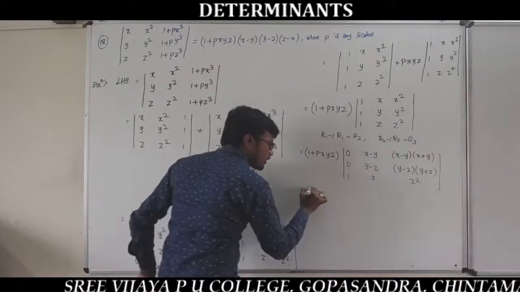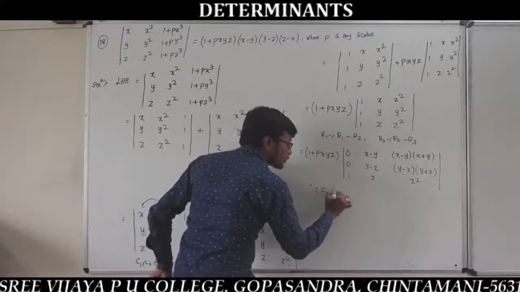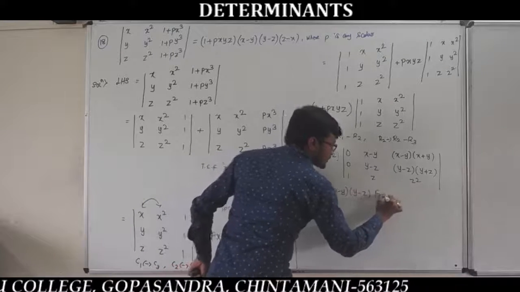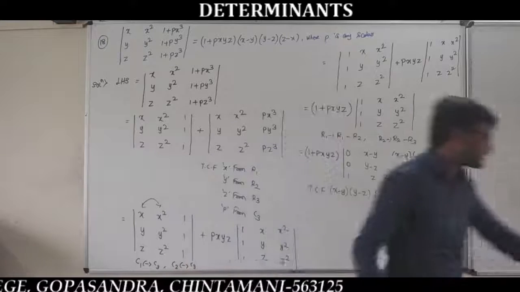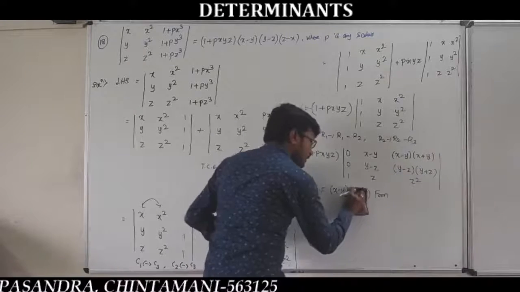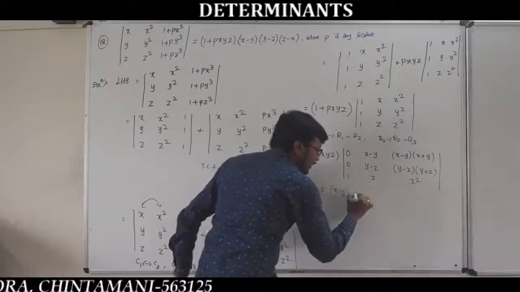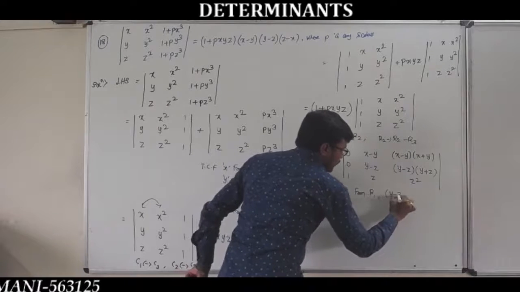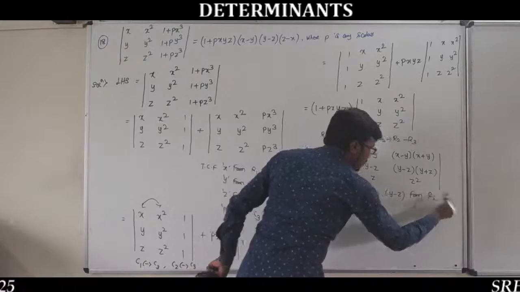Now in this step, what can you do? Taking common factors: x minus y from R1, y minus z from R2.